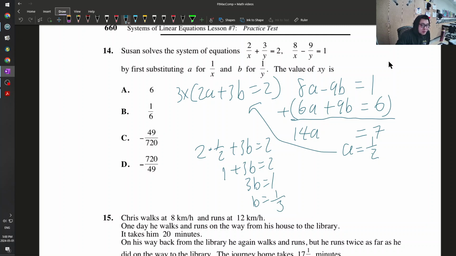So if a is equal to 1/2, that means x is equal to the reciprocal of that, which is equal to 2. If b is equal to 1 over 3, that means y will be the reciprocal of that, which will become 3. Multiply them together. 2 times 3 is 6. 14 is a.